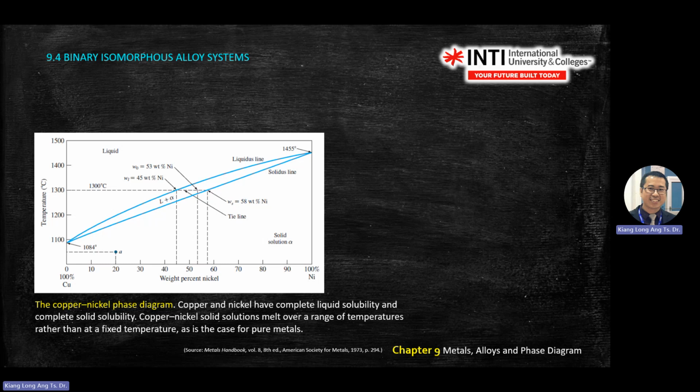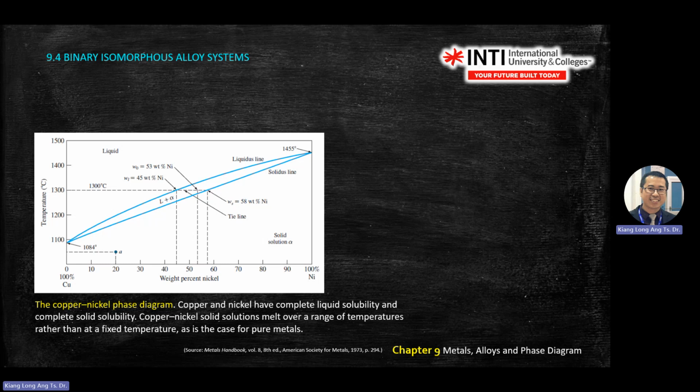If you walk on this blue line, you are actually walking on the solidus line. At this line it becomes equilibrium already. It means no liquid, you are becoming solid already. This line is a boundary where the metal becomes solid. Below this line, all solid.